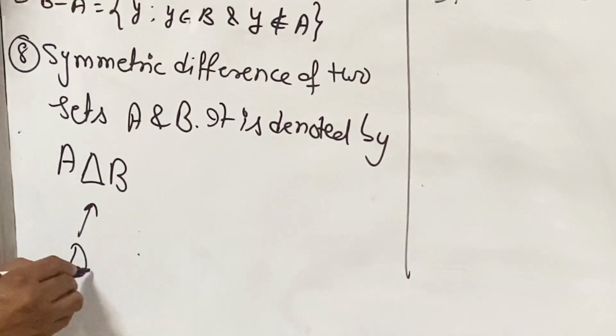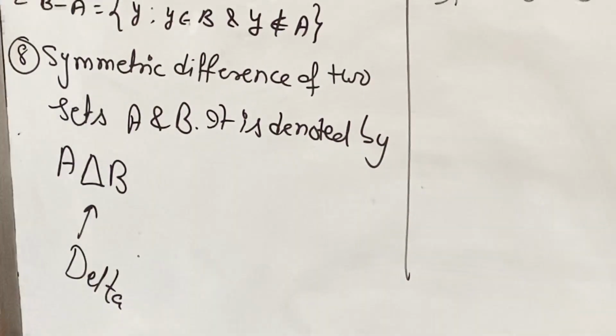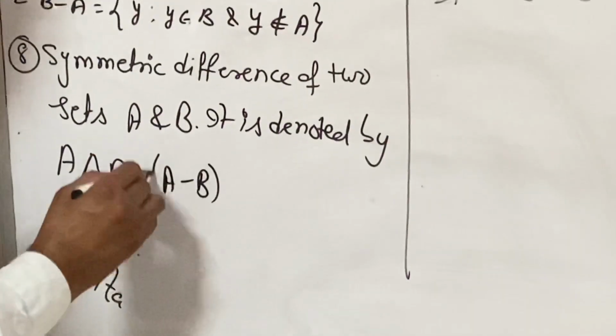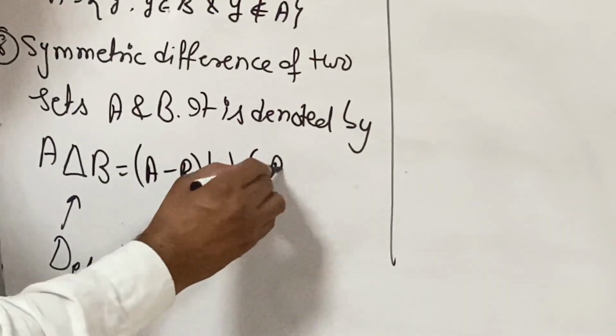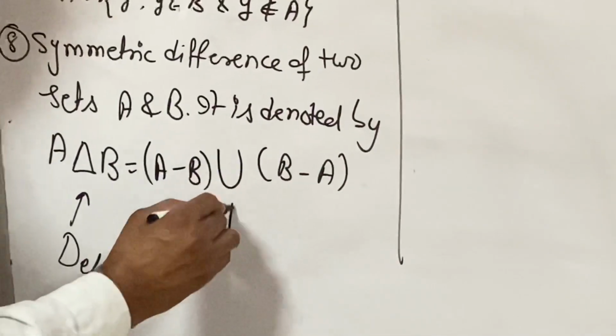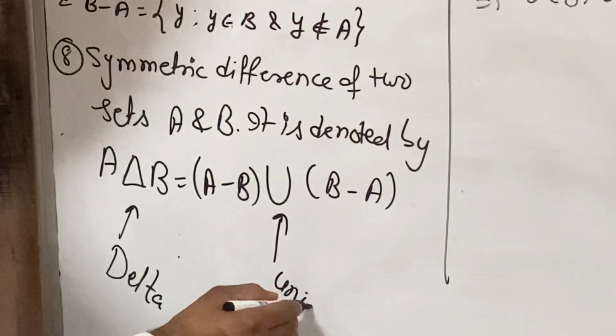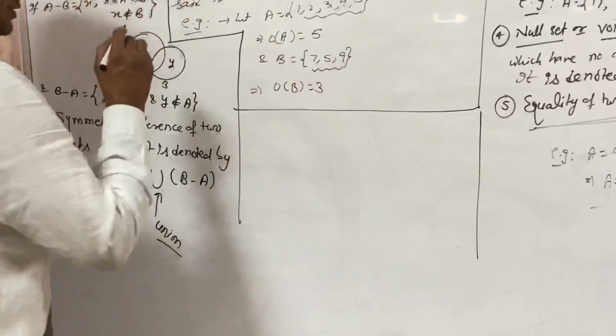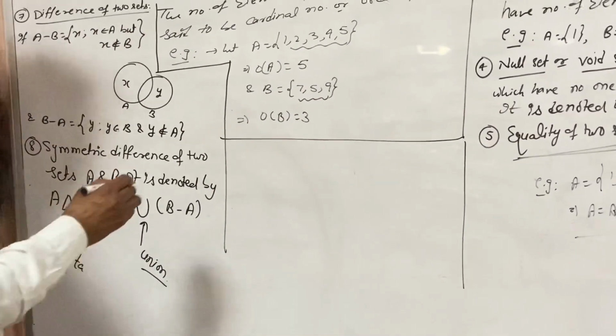A delta B can be expressed as (A minus B) union (B minus A). This is the symbol of union. Is that clear? Now we want to discuss the union and the intersection.